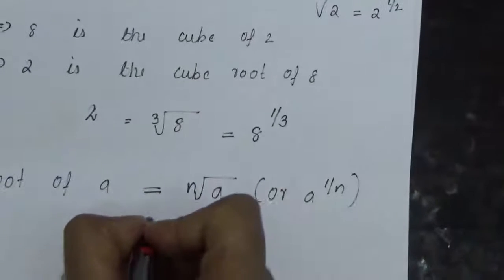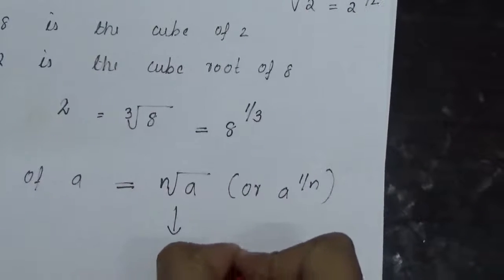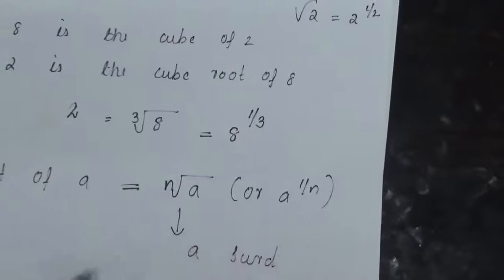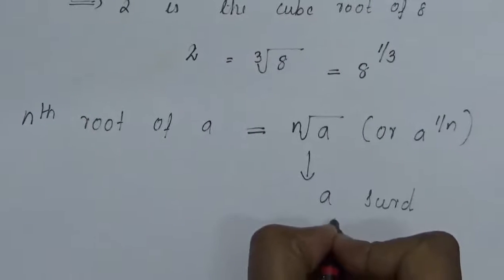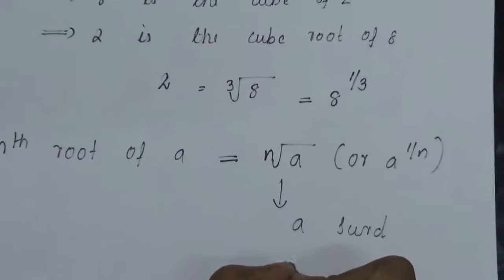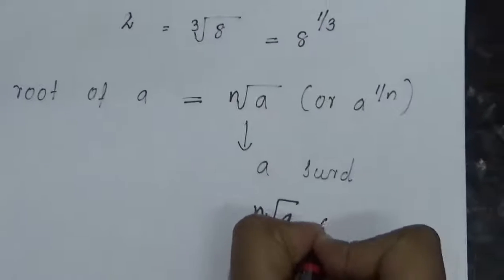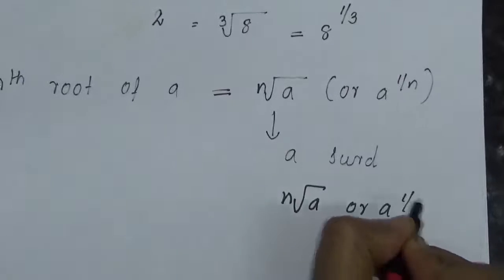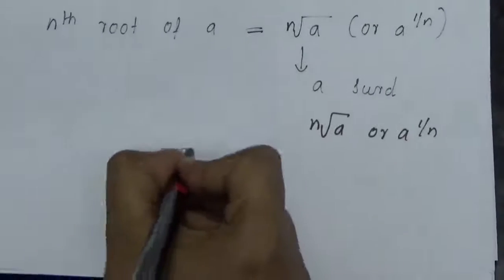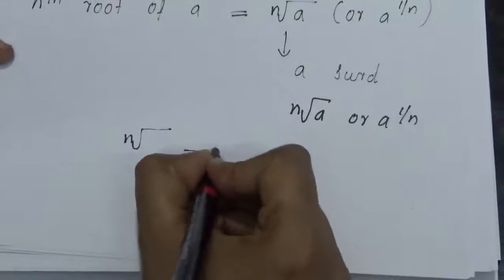It is called a surd. So we can define a surd as, we can say a surd is an irrational number nth root of a or a to the power 1 by n. Okay, so here the symbol nth root is called the radical sign.